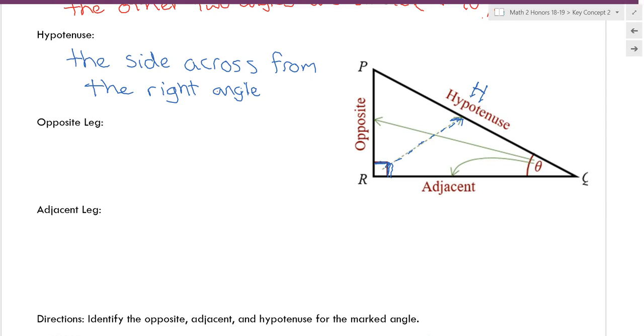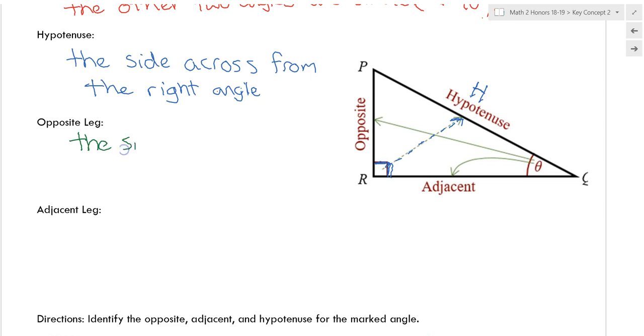Then we have what we call our opposite leg. Our opposite leg is the side across from the given angle. And the given angle will either be named by the letter, or it'll be shaded, or I'll have a little symbol.